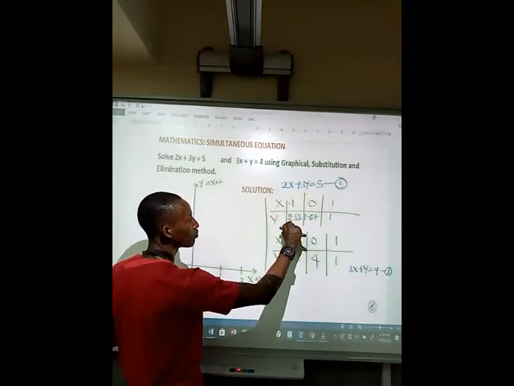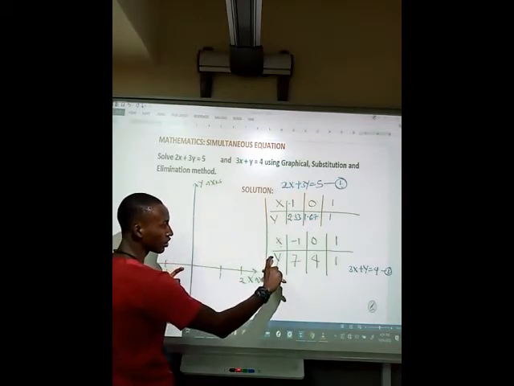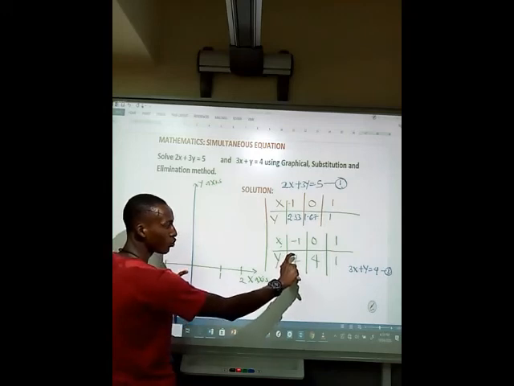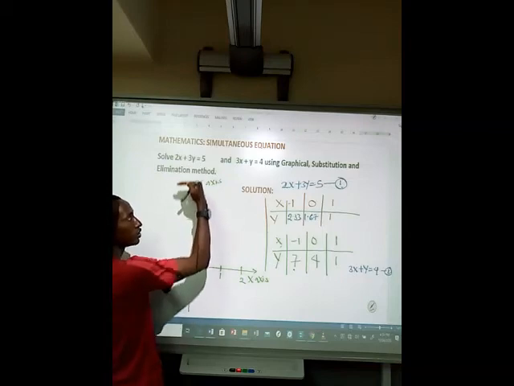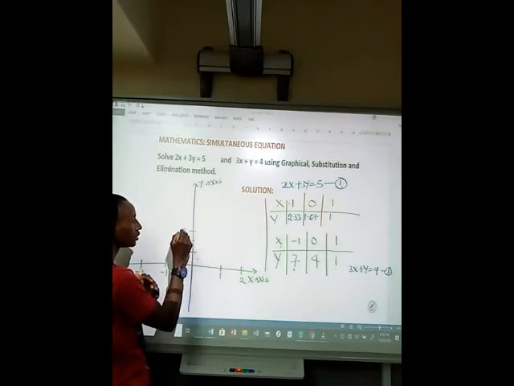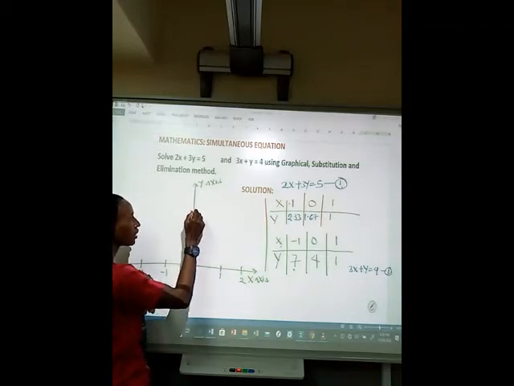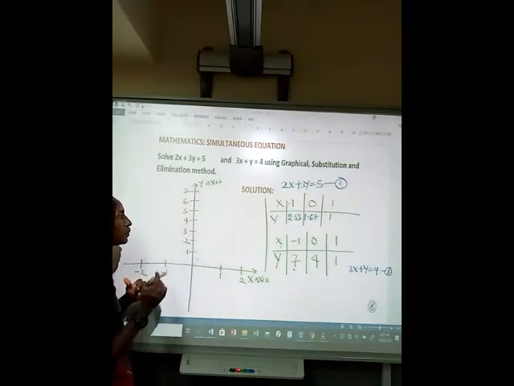So the maximum value of y I have here is just 2.33. So considering the second table, the maximum value of y I have here is 7. It means that it falls towards the positive y axis. So I can assume this to be 1, here 2, here 3, here 4, here 5, here 6, and here 7. I can continue depending on my graph.